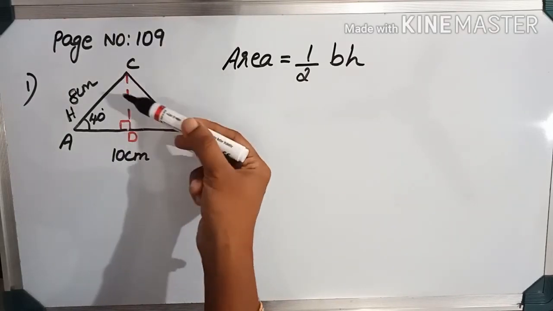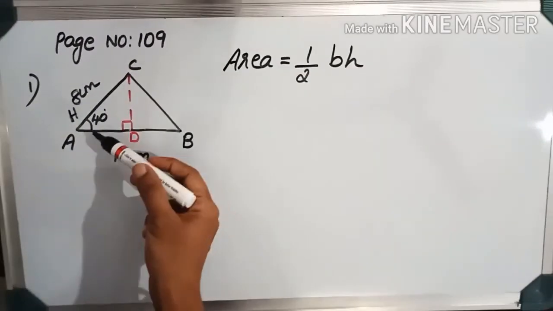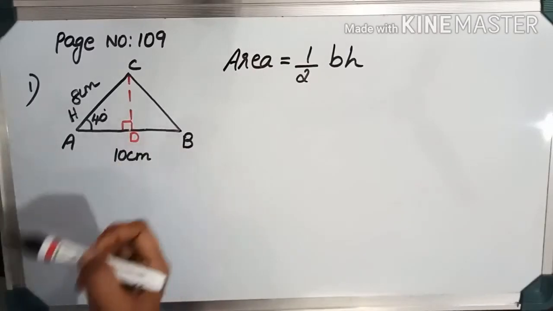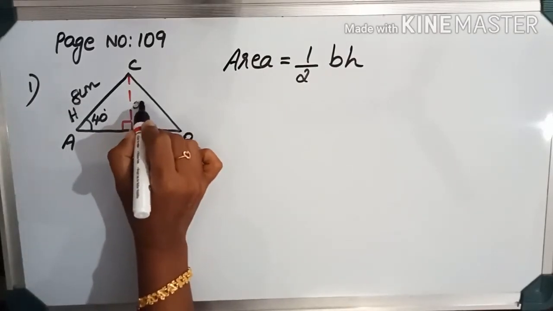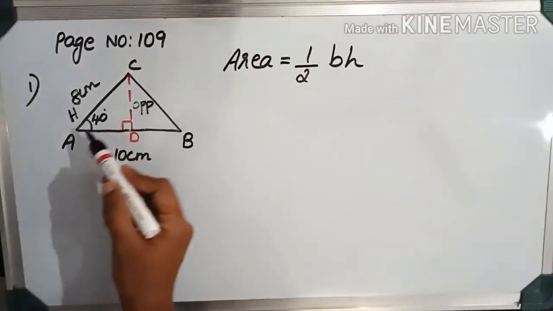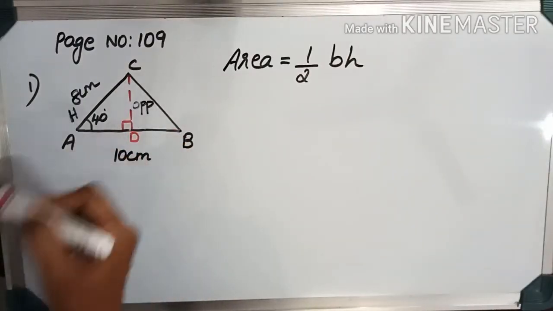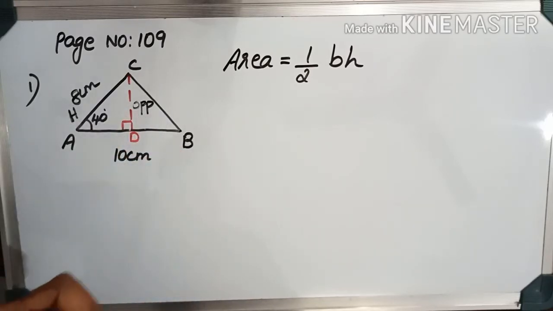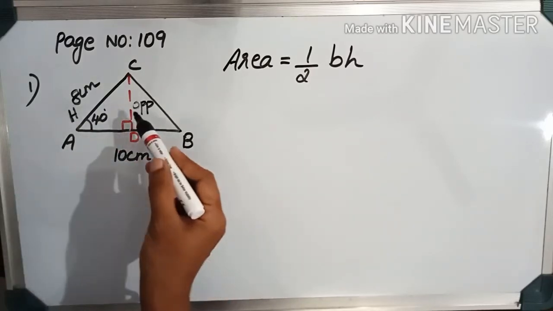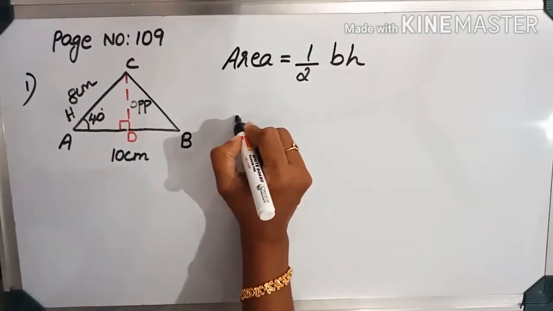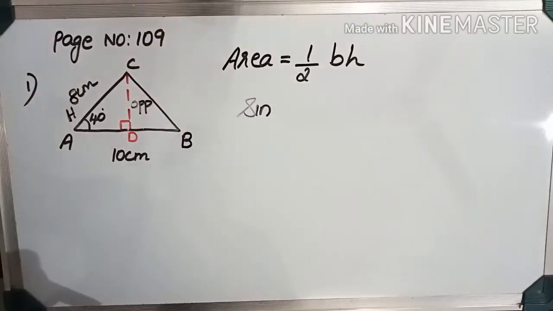With respect to 40 degree, CD is just the opposite side. So CD is the opposite side and the given measurement is hypotenuse. That means opposite and hypotenuse relation. Which one comes in opposite and hypotenuse, sine or cos? It is sine. So sine we have to consider.